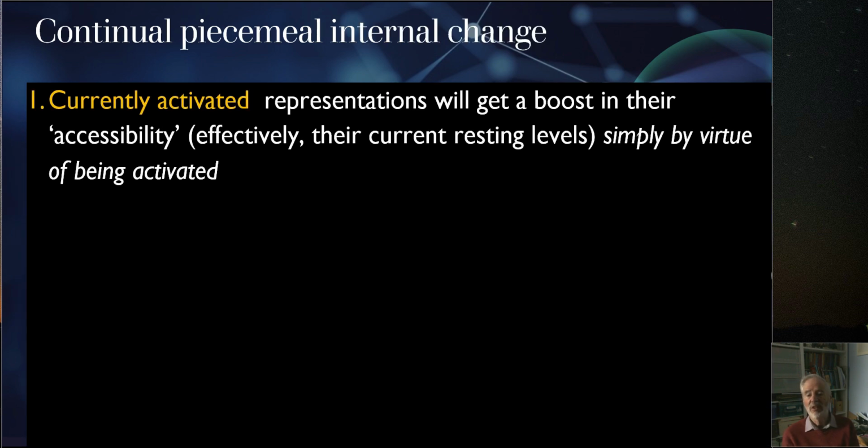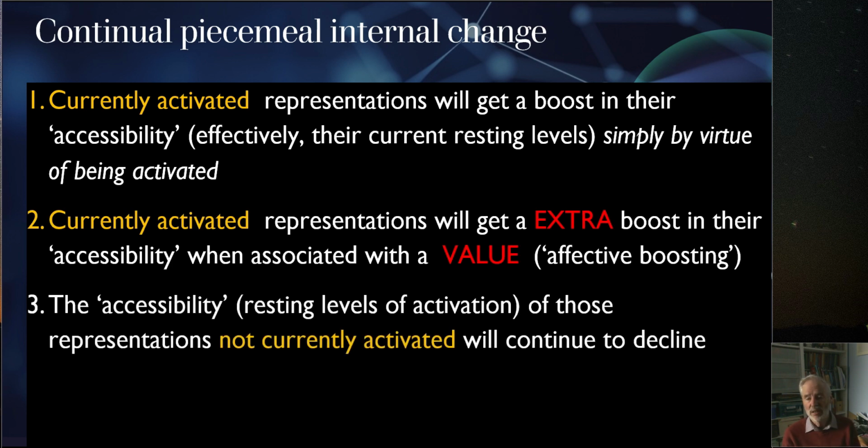There will be currently activated representations. They get a boost simply by virtue of being activated. Currently activated ones will get an extra boost if they happen to be associated with a value, and very often they are. And the accessibility, which is another way of talking of resting levels of activation, or competitiveness, of those representations not currently activated will continue to decline.